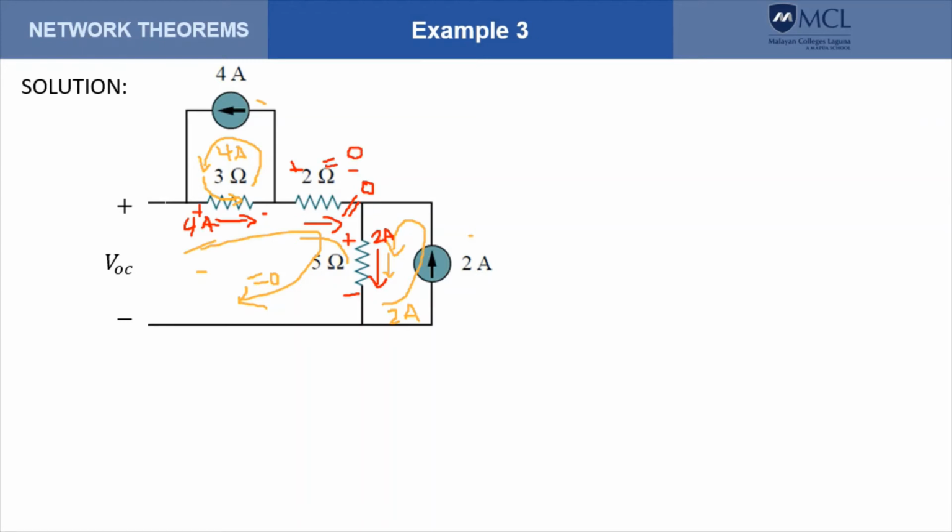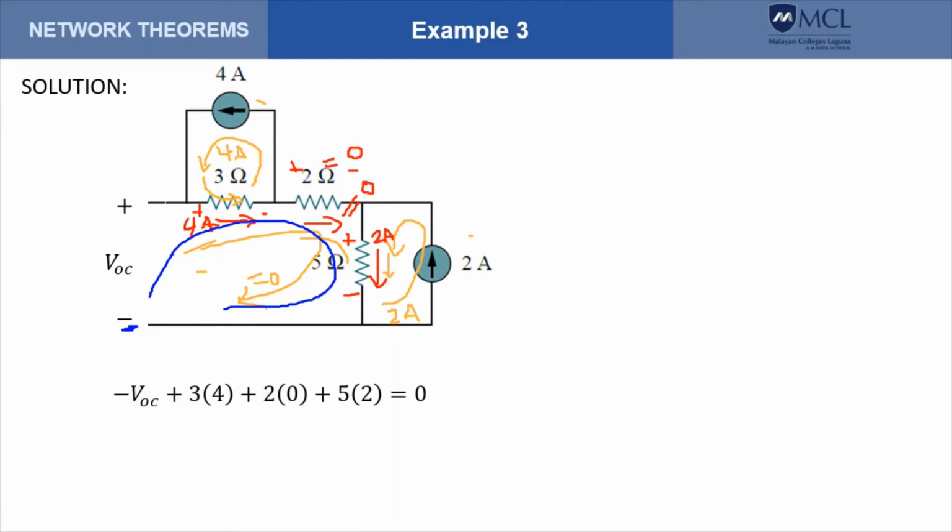We can then proceed to write our KVL equation starting from here. We go around clockwise, starting at this point, so the KVL equation would look like this.